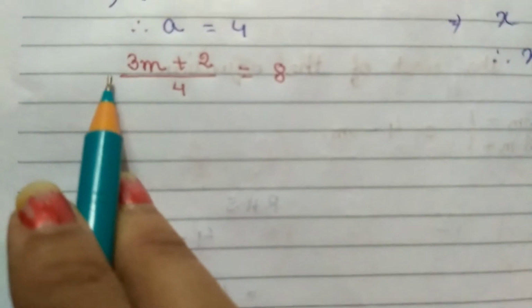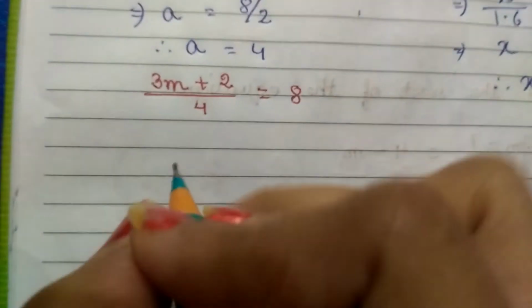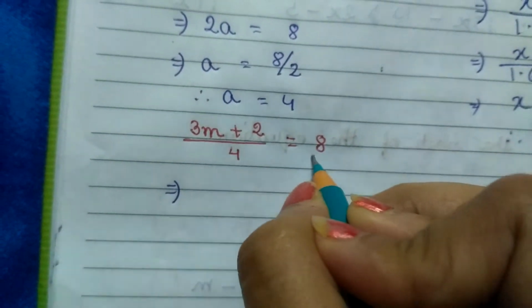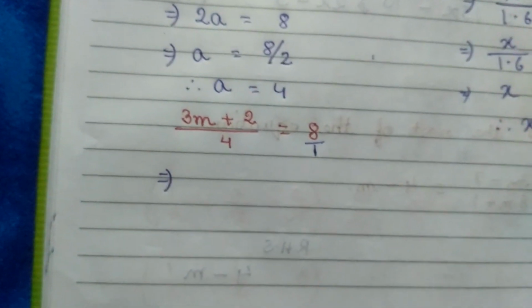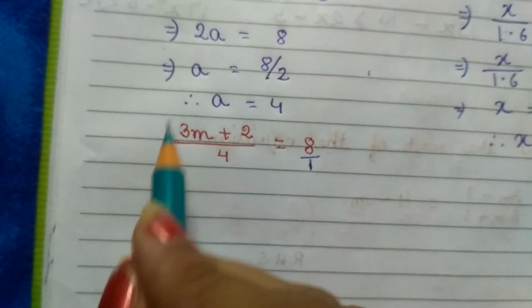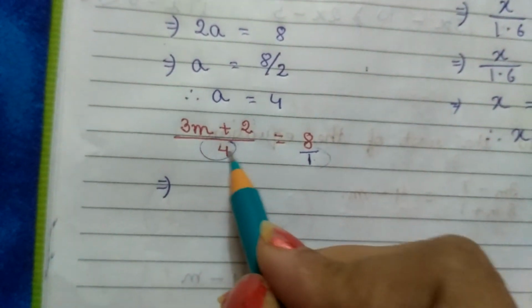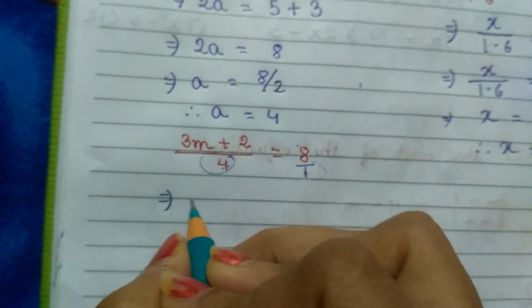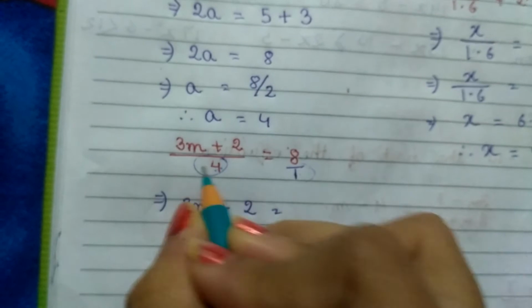Now the next question is (3m plus 2) by 4 equals to 8. To solve this one, first we will cross multiply. That means the numerator and the denominator will be multiplied. Whatever number you multiply with 1, you get the same number, and 8 4s are 32.